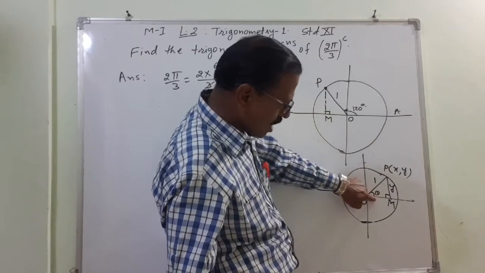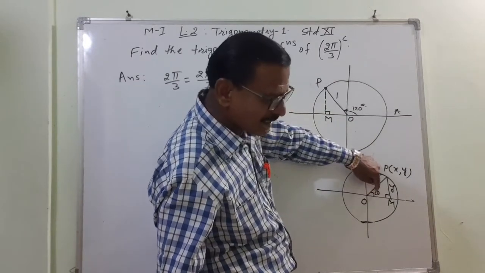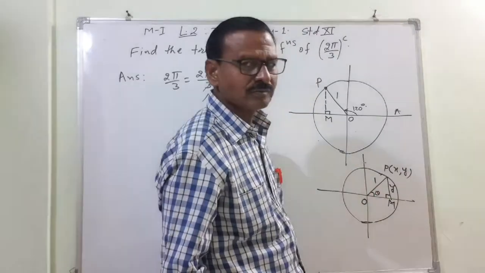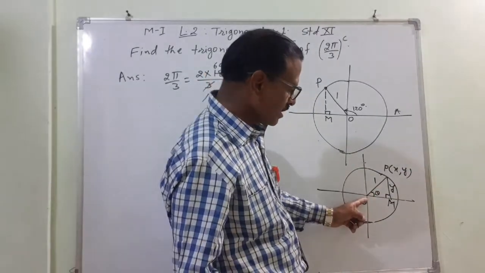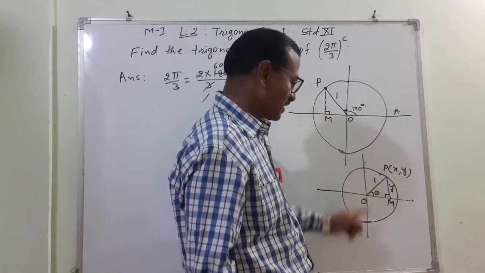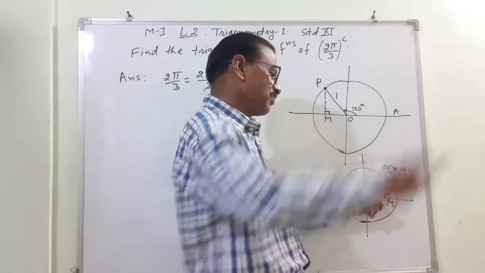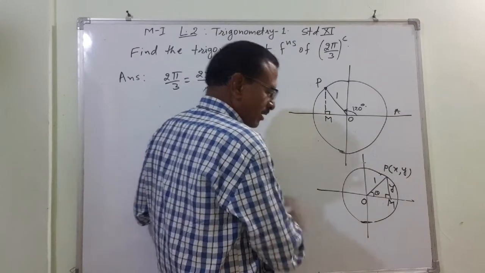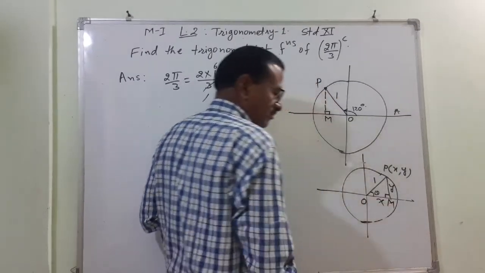Cos means baju wali. Baju wali means adjacent side. This OM upon 1. So cos means adjacent side upon the hypotenuse. Sine means opposite side upon the hypotenuse. So OM, this is x.